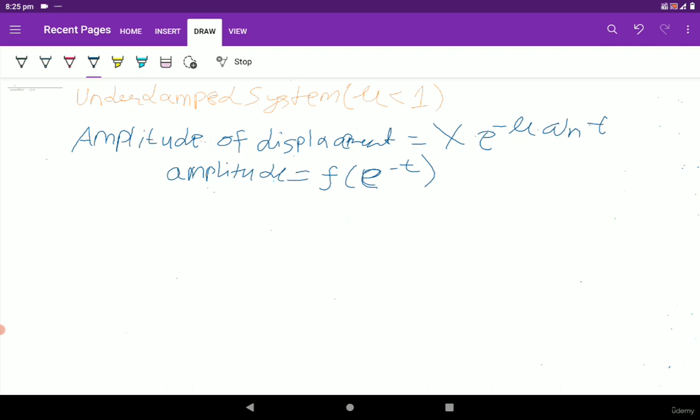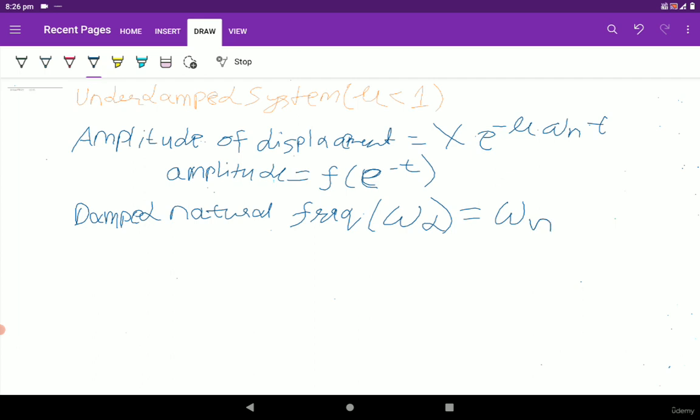So damped natural frequency, that is omega d, is equal to natural frequency, that is omega n, multiplied by under root of 1 minus damping factor square.